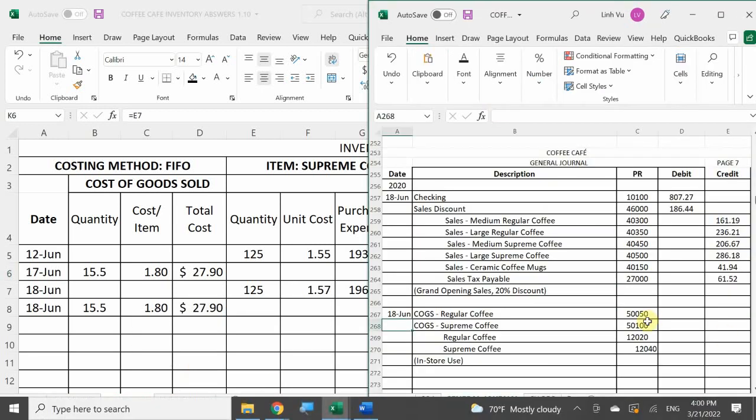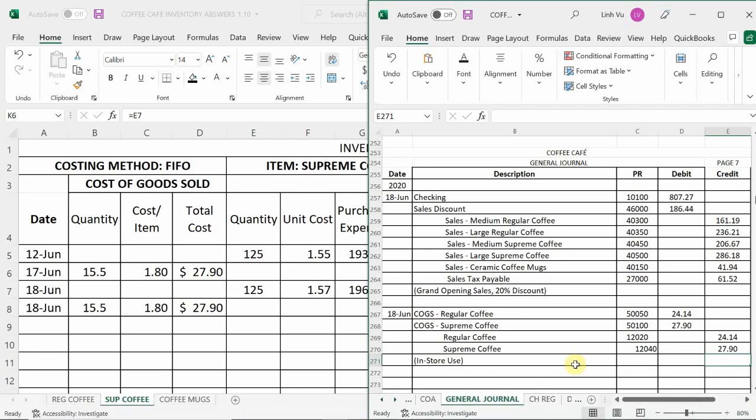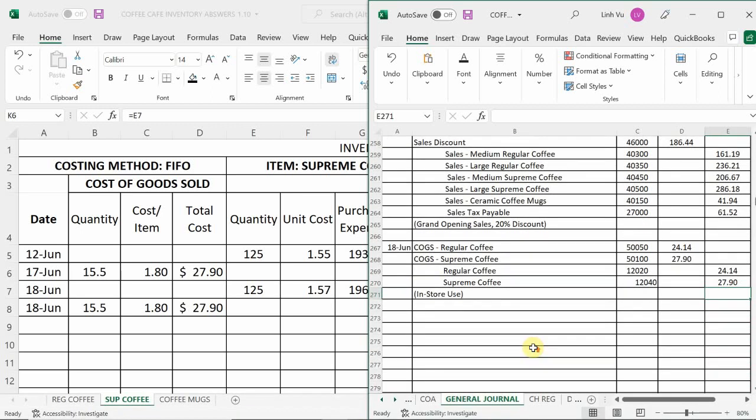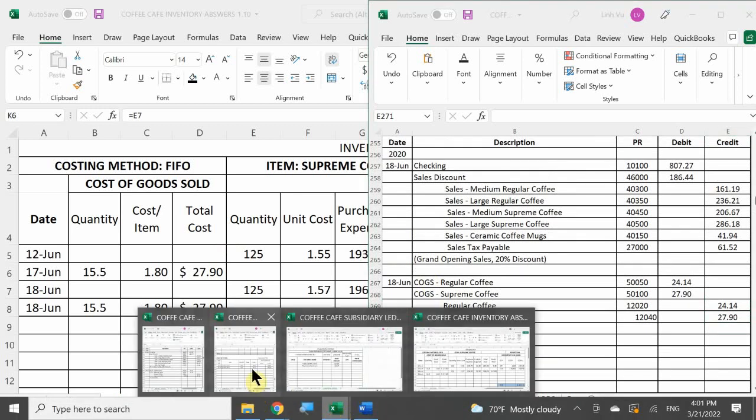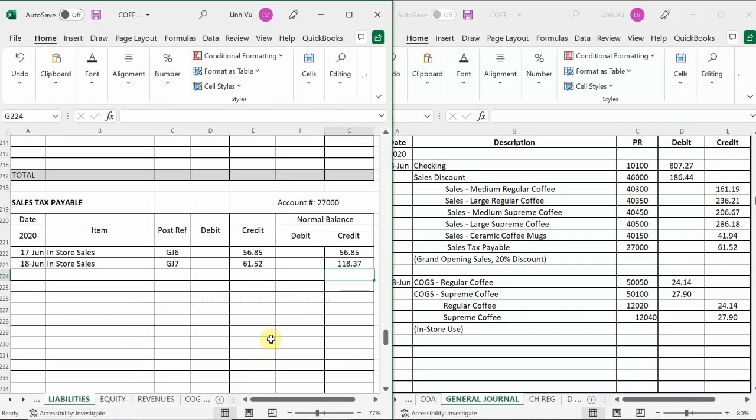So that's exactly what I need to do: 24.14 for my regular, 27.90 for my Supreme. And I have in-store use. So let's go ahead and update our ledgers here.